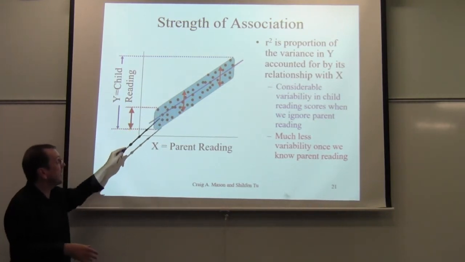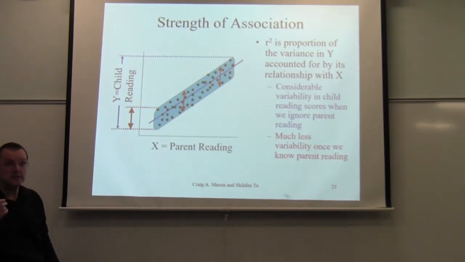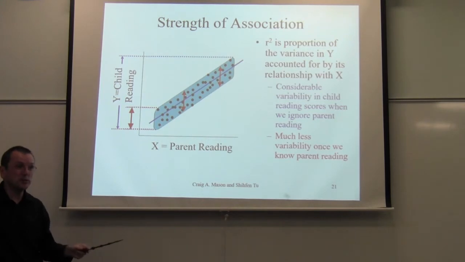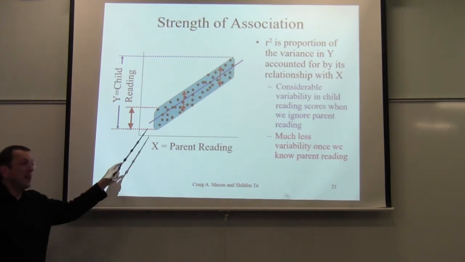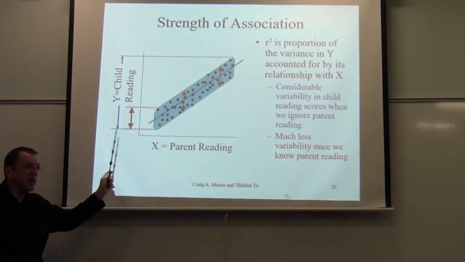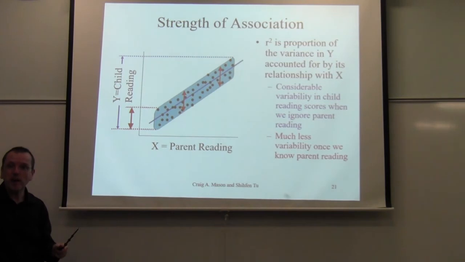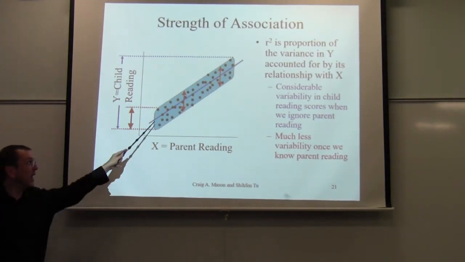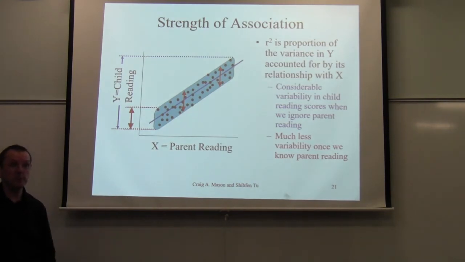Pretty cool. Now notice, it doesn't mean that we're right. Some of the answers I've seen over the years, people would say, if the R squared is 0.5, it means your predicted score is right 50% of the time.